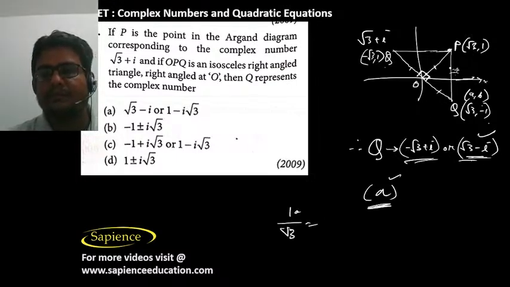We know that this will be 30 degree. This is root 3 units. This is 1. This is 30 degree. So this should be 60 degree. And this should be 30 plus 90. This is 120 degree.